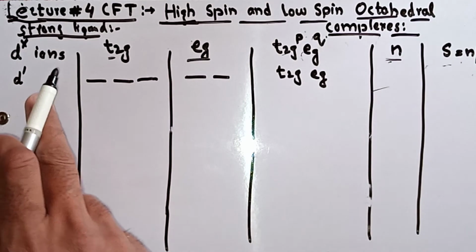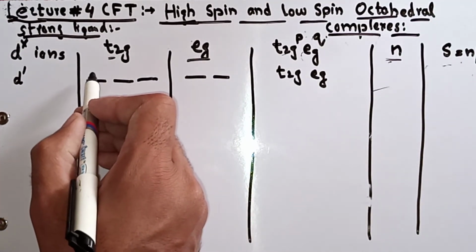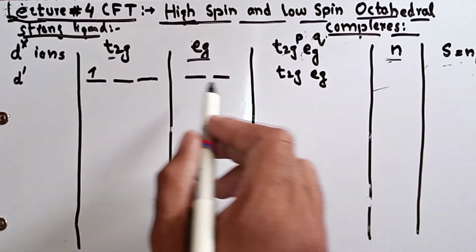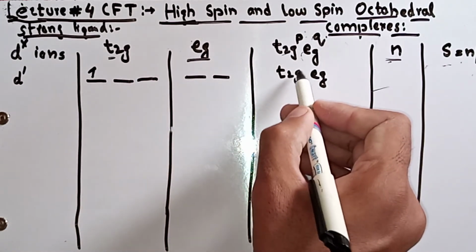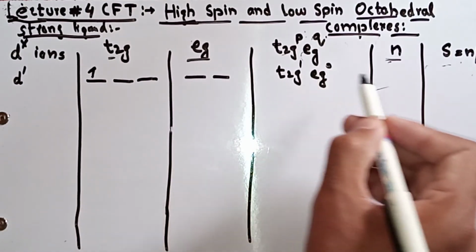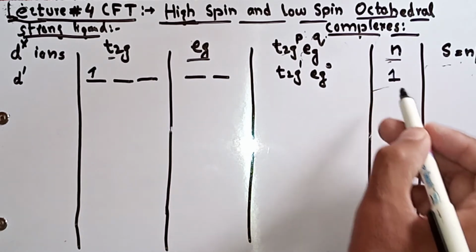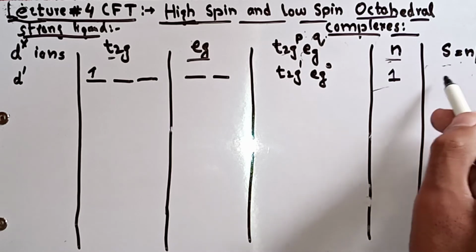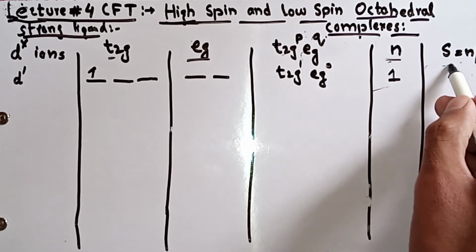When crystal field splitting is higher, the electron will be paired according to Hund's rule. So first of all, the electron will go here, and the remaining will be empty. So in t2g there is 1 electron, in eg there are 0 electrons, where N is the number of unpaired electrons. Here is only one unpaired electron. So S is equal to N divided by 2, N is 1 divided by 2, that means S is equal to half.